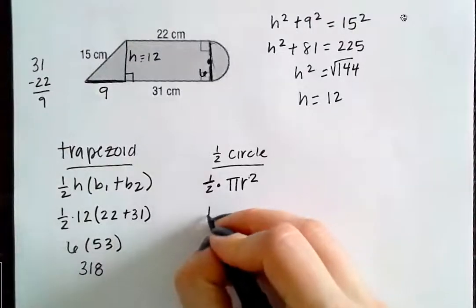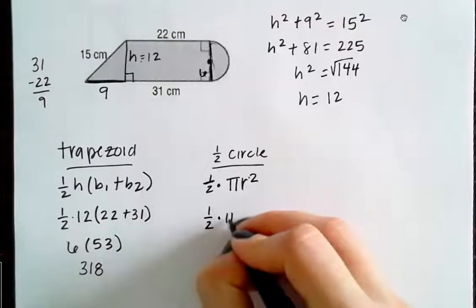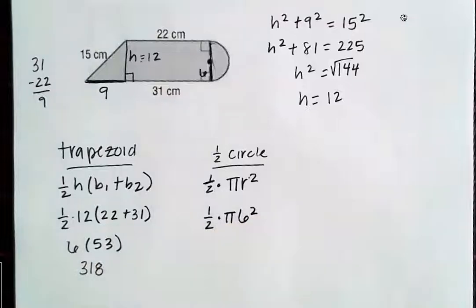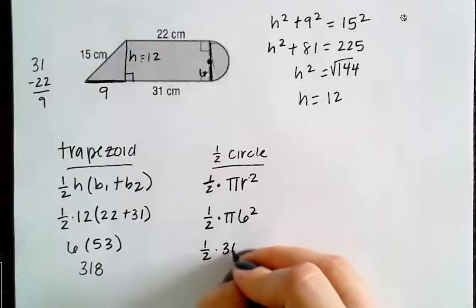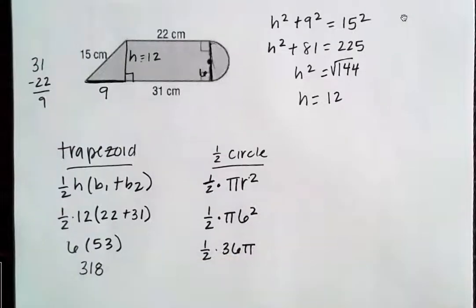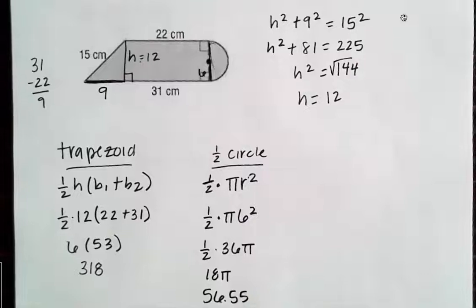So now plugging in, I'm going to have half times pi times 6 squared. 6 squared is 36 pi. Half of 36 is 18 pi. Now if we crunch that out, 18 times pi, or 3.14, approximately 56.55 if we go to 2 decimal places.